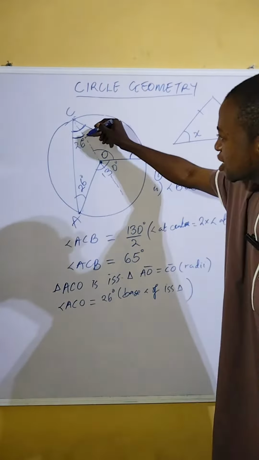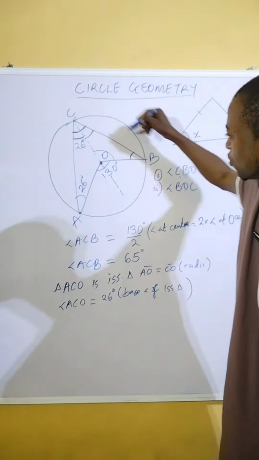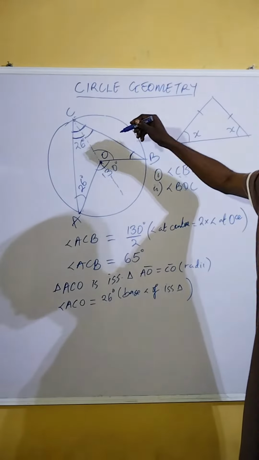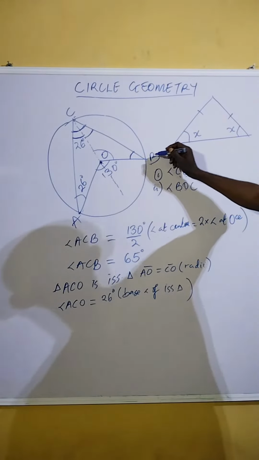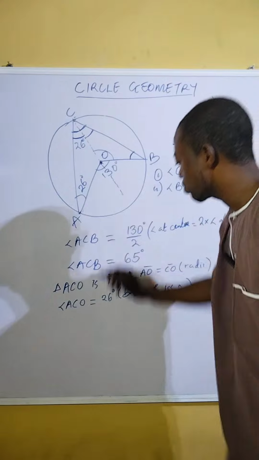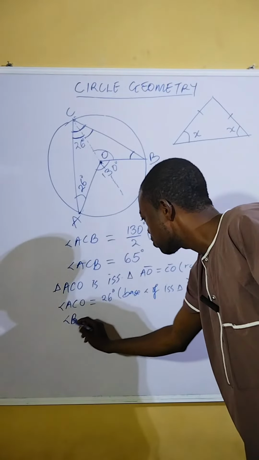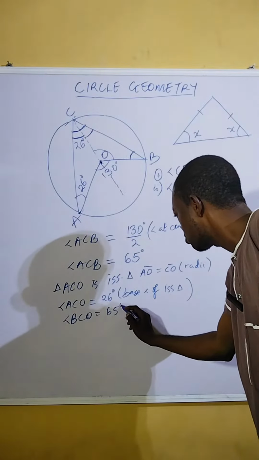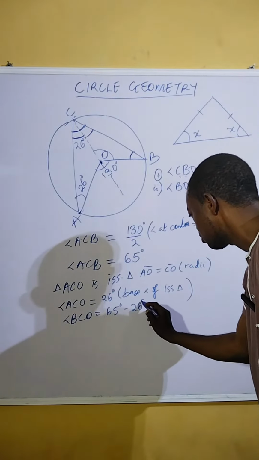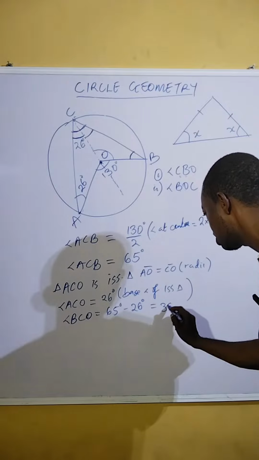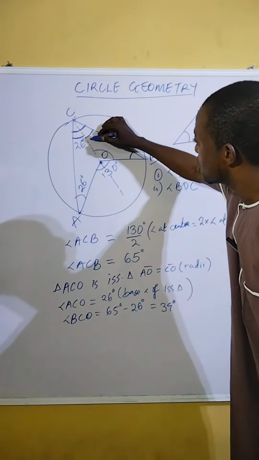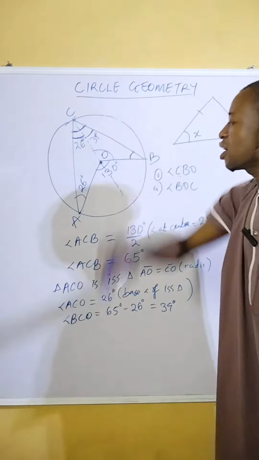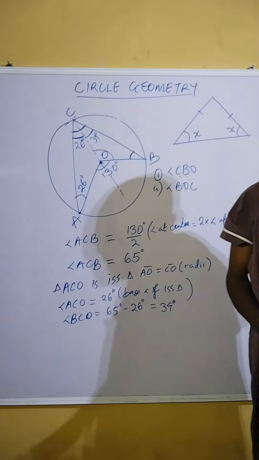So this angle marked here, which is angle BCO, labeling angle is not a problem again. So we can say angle BCO is now equal to 65 degrees minus 26 degrees, which is equal to 39 degrees. So this angle now is 39 degrees. That makes everything here to be 65 degrees.